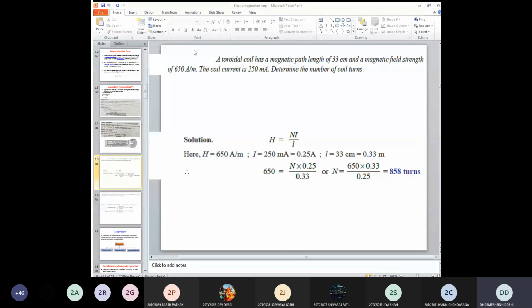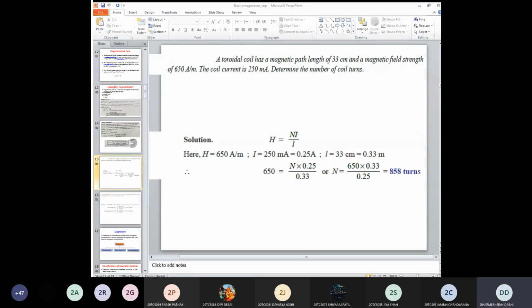So write down this example. A toroidal coil has a magnetic path length of 33 centimeter and magnetic field strength of 650 ampere per meter. The coil current is 250 milliampere. Determine the number of coil turns. All of you write down this example.